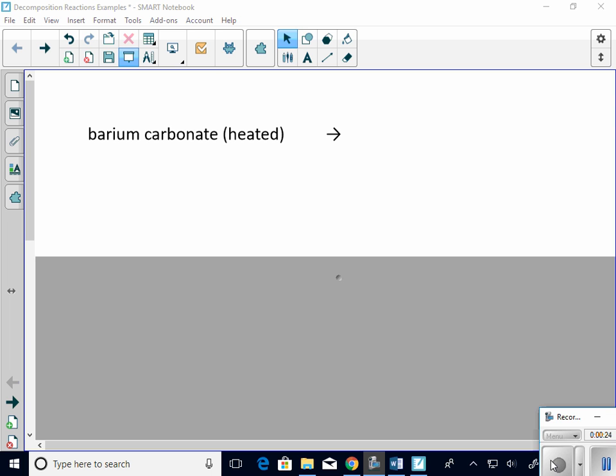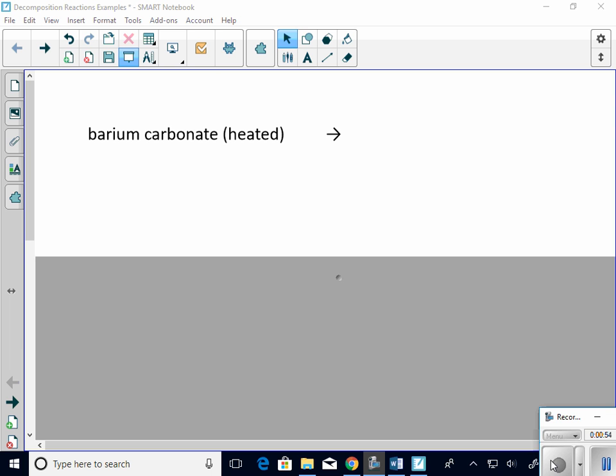Now, what we need to do, our objectives. Number 1, we need to be able to identify when we are dealing with a decomposition reaction. Objective number 2 is, once we know that it's a decomposition reaction, we need to determine which one of our 6 it is.